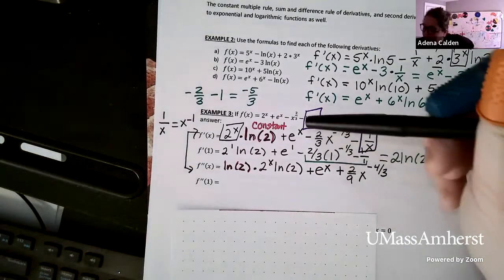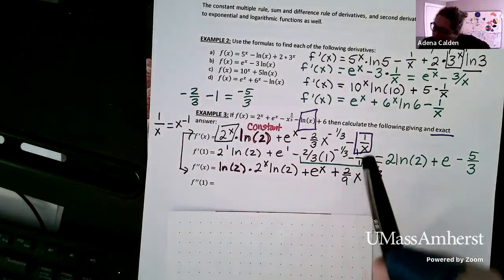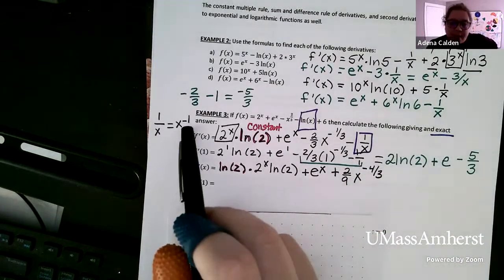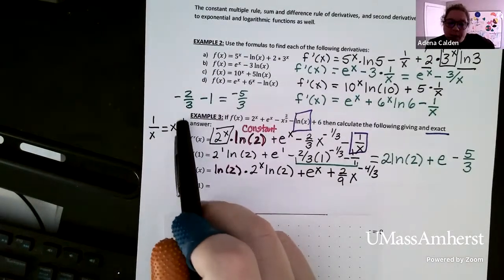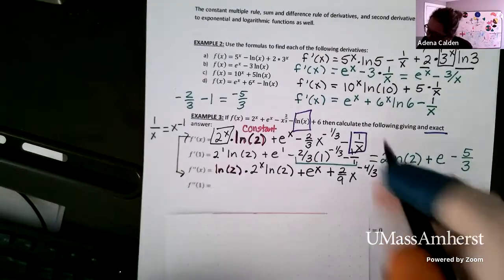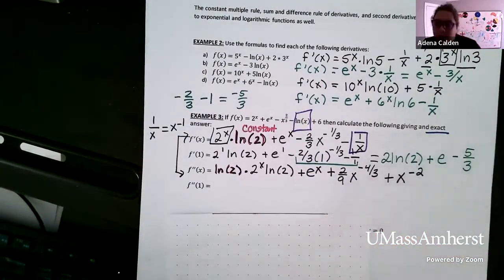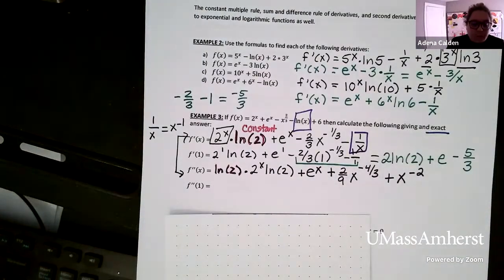So now we have to use a different rule to get to the second derivative. So this is the same thing as x to the negative 1. So when we take the derivative, the negative 1 comes down in front and cancels the minus. And then when we subtract 1 from the power, we get negative 2.